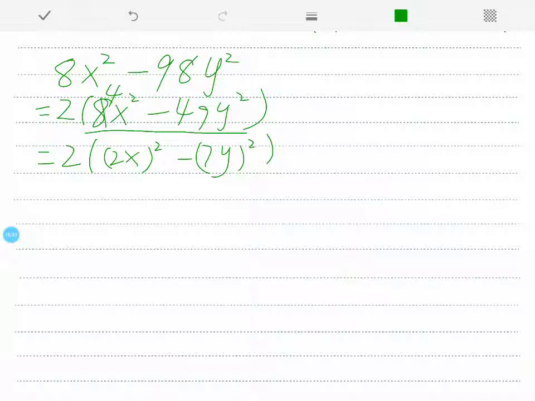That's it. Then a is 2x, b is 7y. So 2x plus 7y times 2x minus 7y. So we finally found that it does use the difference of two squares.